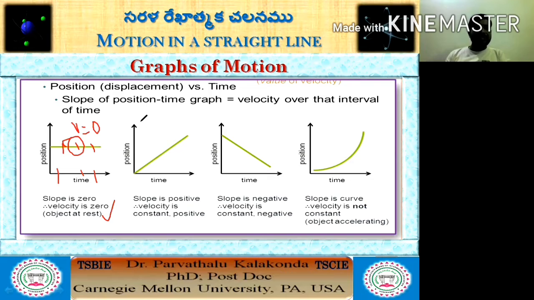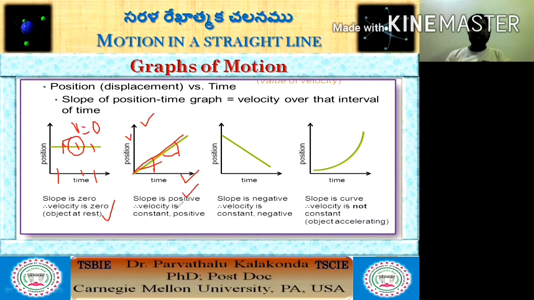So coming to this graph, what is going on here? Tell me. As I discussed just now, the position is changing with respect to time in equal manner, right? So it is a uniform motion. Okay, so slope is actually what? Slope here is positive. If you calculate here, it's increasing positively.